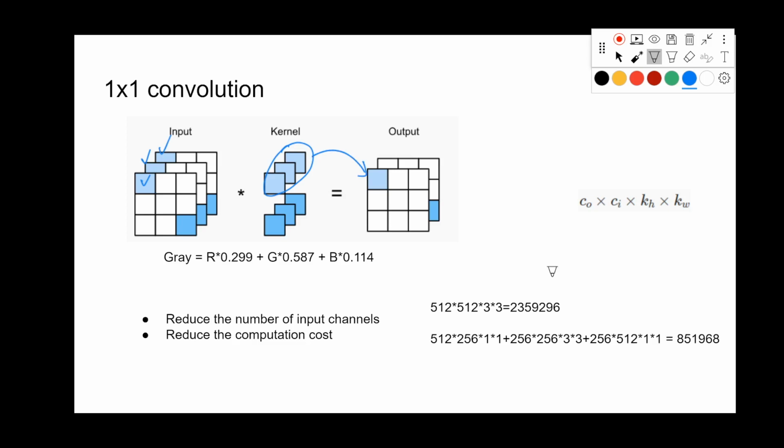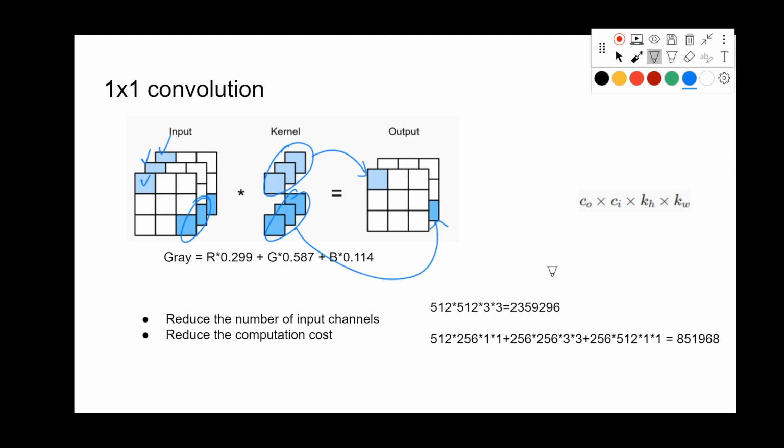And here we have a second set of one-by-one kernels, so we take another weighted sum and produce the output in the other output channel.